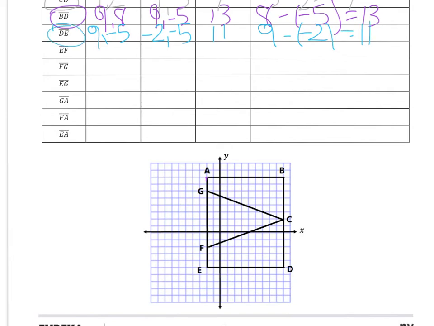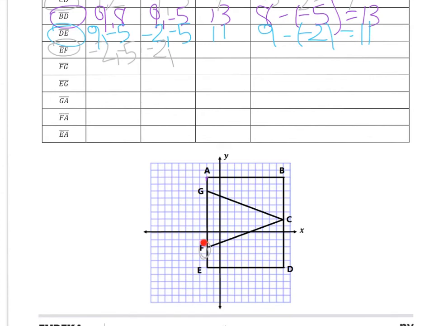So let's check out our next line segment, EF, which is the short little dude all the way down here. So we'll fill in the point for E, because we already know that. We already know that's negative 2, negative 5. And I bet if you're noticing the pattern, we know that F's going to share a coordinate. So F, oh, also, boom, negative 2 away from the y-axis.